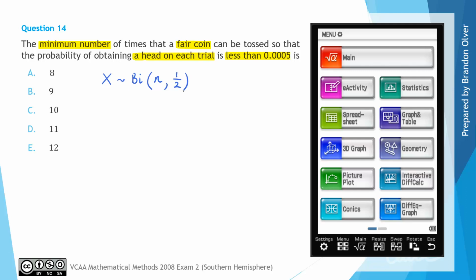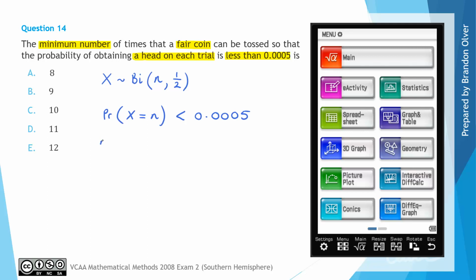And next we want to interpret the probability statement in a symbolic form. So we want the probability that X is equal to n, so we get n heads from n tosses, to be less than 0.0005. From the symbolic form, we want to replace that with the formula for a binomial probability.